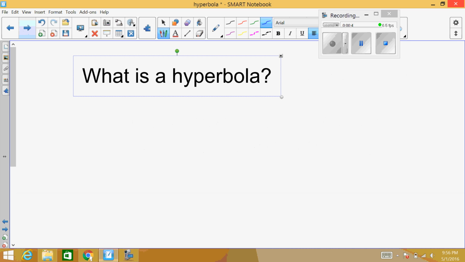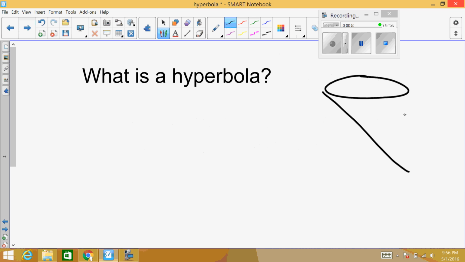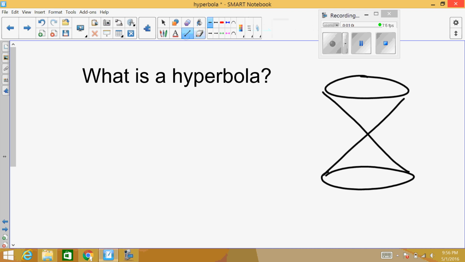So first thing, what is a hyperbola? Well, I want to speak in terms of how it works in my conic. So here's my really great artwork again. Here's my conic, and we know that if we have a plane that intersects something like this, we get a parabola because it intersects one of the cones and never comes back out the other side.